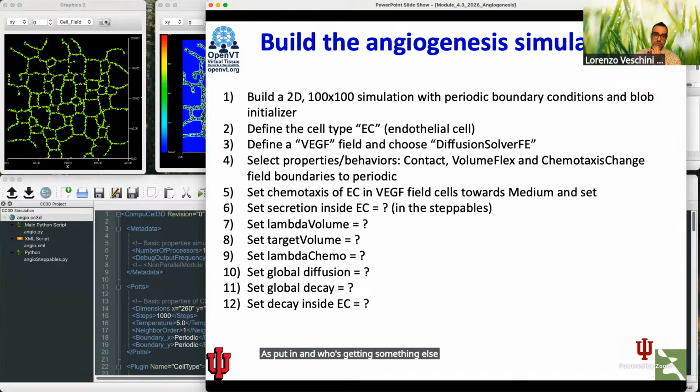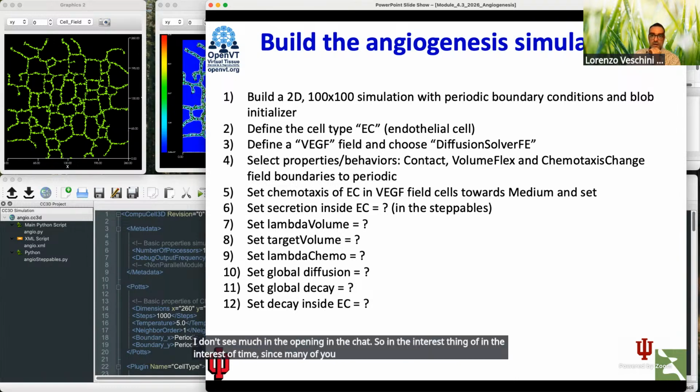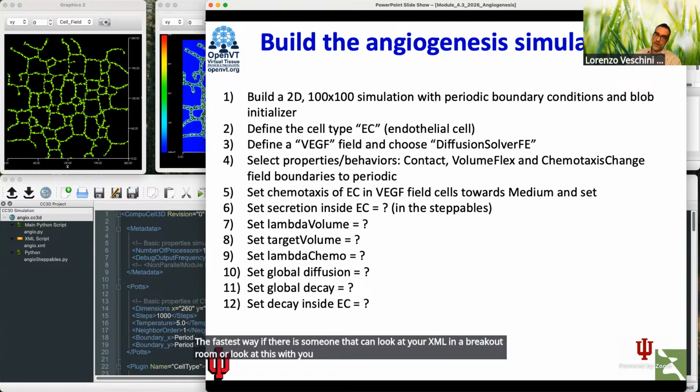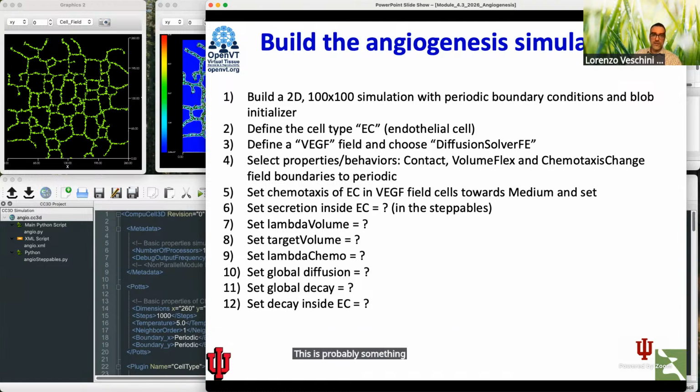Just put it in chat. Okay, after the collision, the program crashing shuts all down. There are a few reasons for that. I suggest there might be something with the XML. So this is probably something relatively trivial.